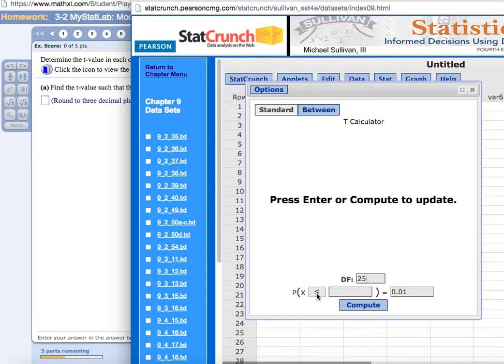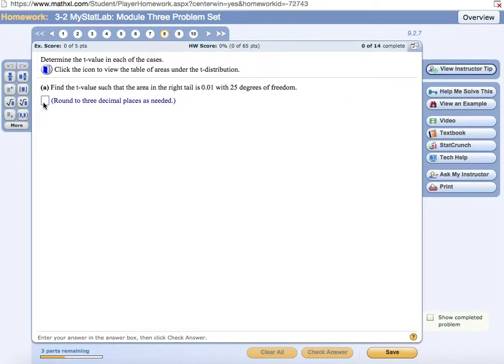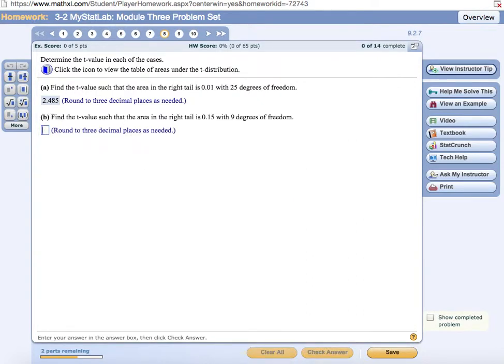Right now this would be in the left tail, so we go to the right tail, and it computed for us. You can see it's up here between the 2 and the 4, closer to the 2, so 2.485. Let's see if that works. That looks good.